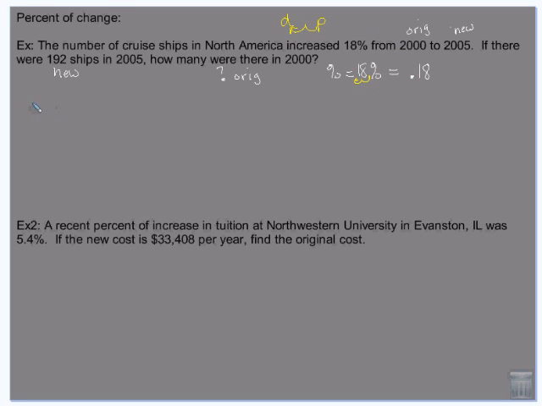So if you think about it as a formula, if I do new minus original divided by the original gives me my percent, I can plug in what I have. I have the new and I have the percent. What I don't have is the original. So my new is 192.